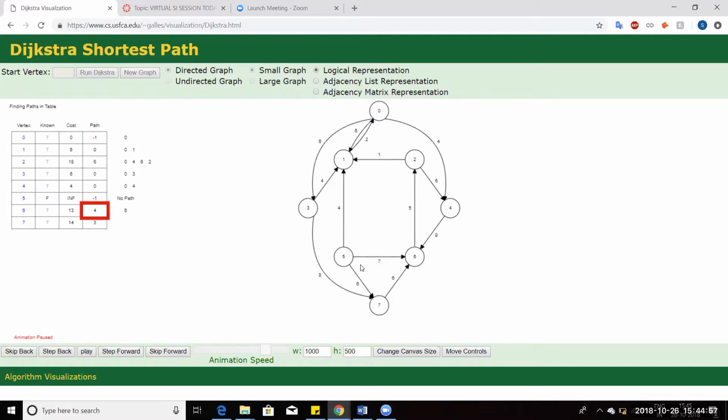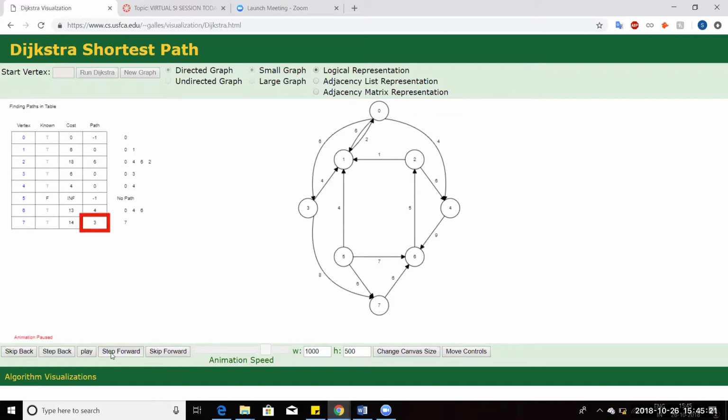For 5, we don't have a path because if we go to 5, it will lead us to a cycle, right? And as I told you, whenever we are going to a path which will lead us to a cycle, we break out of the path, okay? And we'll go to 6 through 0, 4, and 6, okay? And as you can see, 0, 4, and 6.